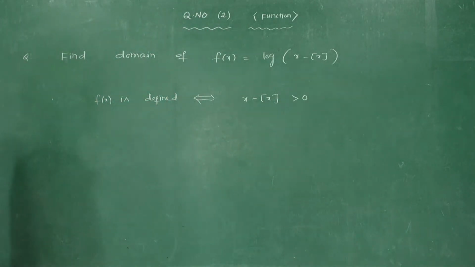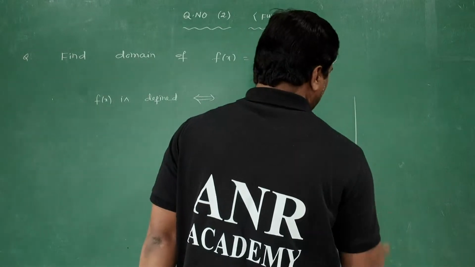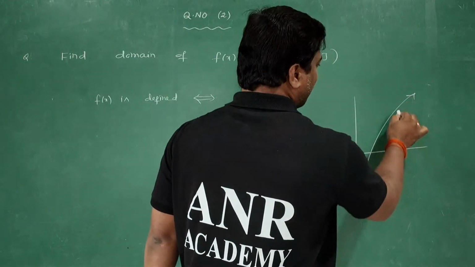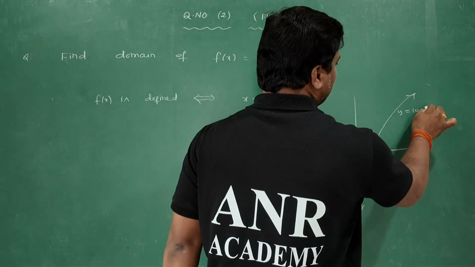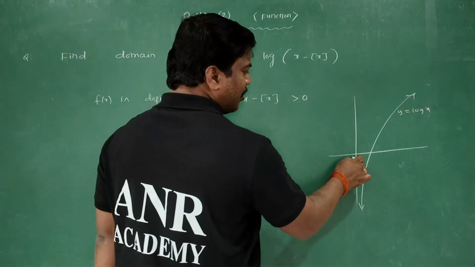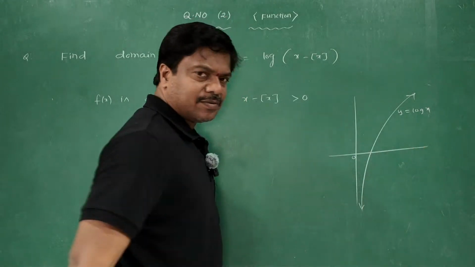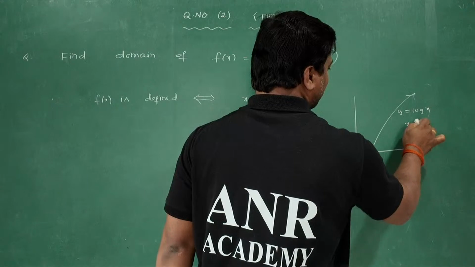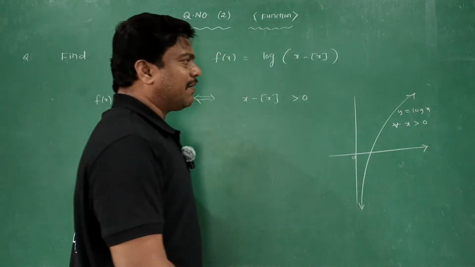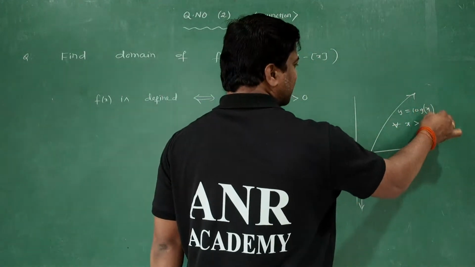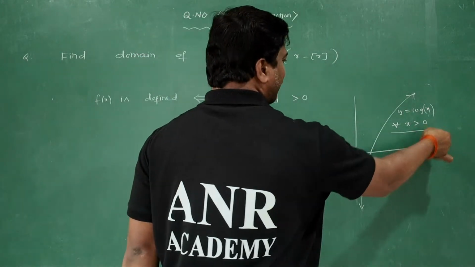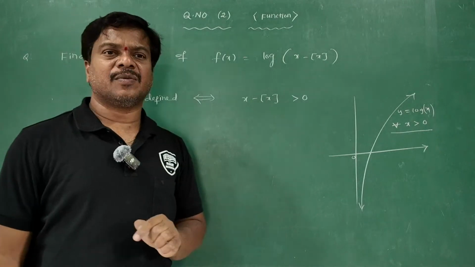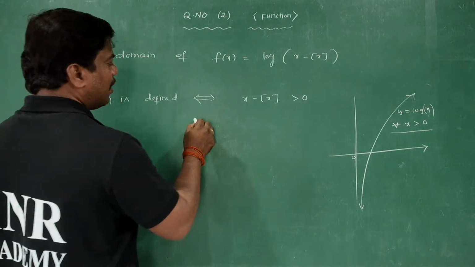Remember, you know that by the basic definition of logarithmic function, y equal to log x is defined for all x more than 0, so whatever the input you have to this logarithmic function, that should be greater than 0. Due to that reason x minus step x more than 0 is written.